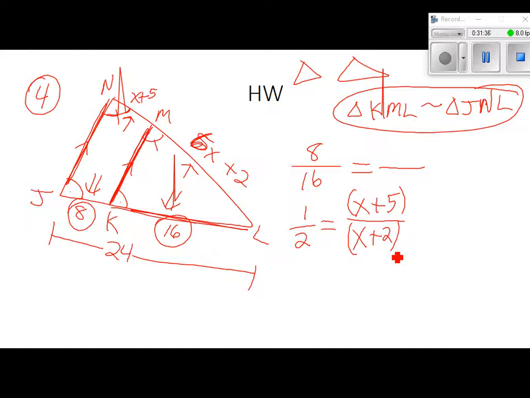Now what? Cross multiply. What's that give us when we cross multiply that way? Let's just go ahead and do the distributing while we're doing this because it's pretty easy. 1x plus 2. So x plus 2. How about the other way? 2x plus 10. Now what? Minus x on both sides.